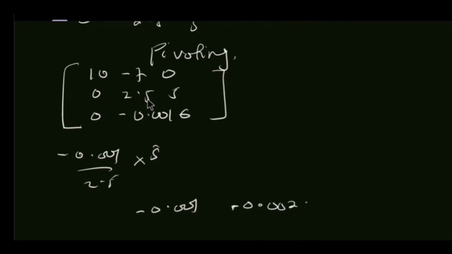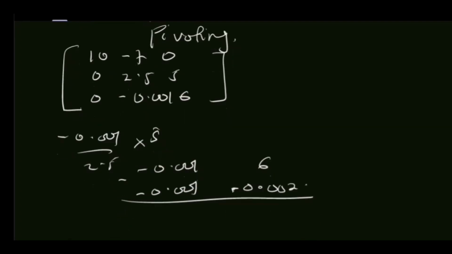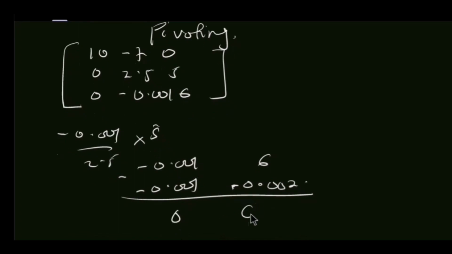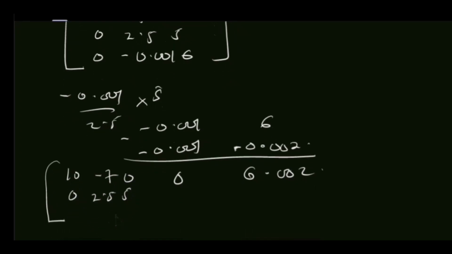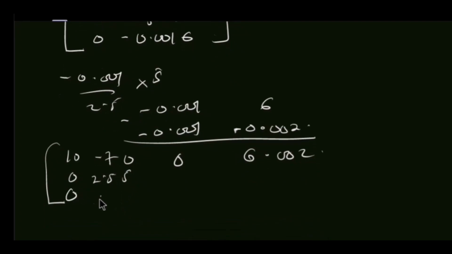Then I subtract it from my third row, so I'll be having negative 0.001, then 6. And at this point, you can clearly see that this will be 0, here will be 6.002. So my final matrix becomes 10, negative 7, 0; 0, 2.5, 5; 0, 0, 6.002.